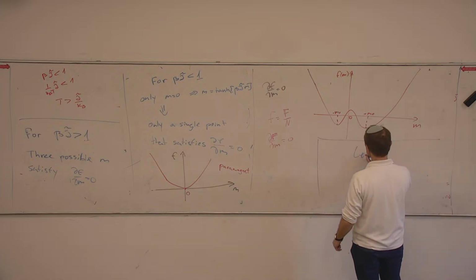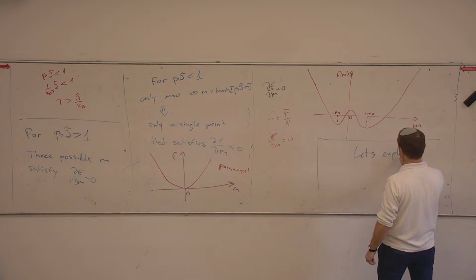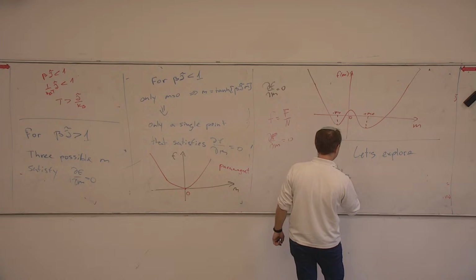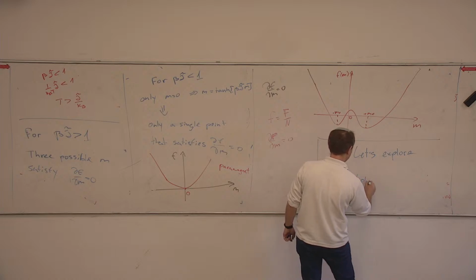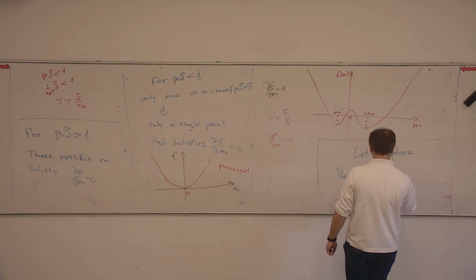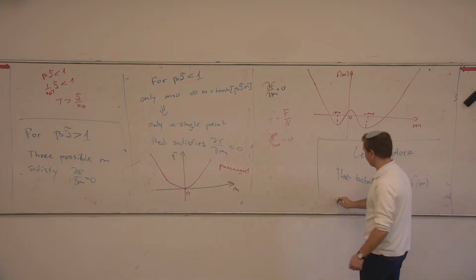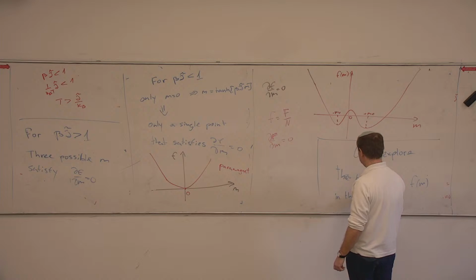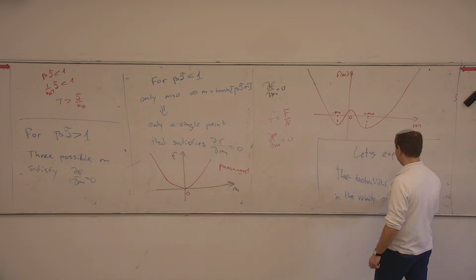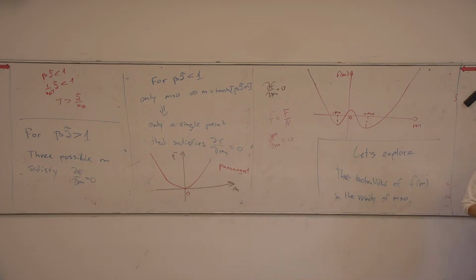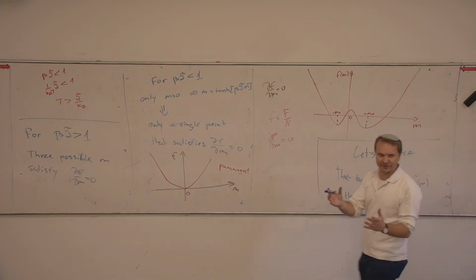So let's explore the behavior of f of M in the vicinity of M equals 0. Okay. So we know something happens there.